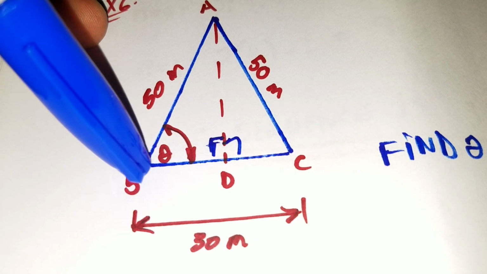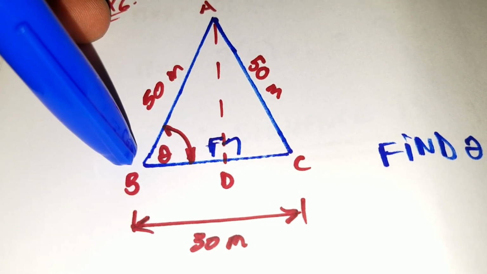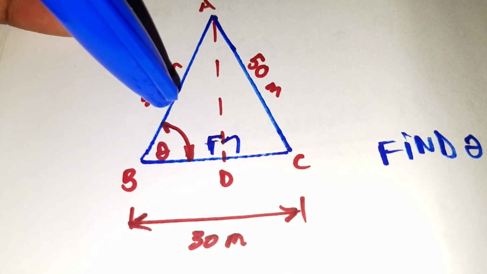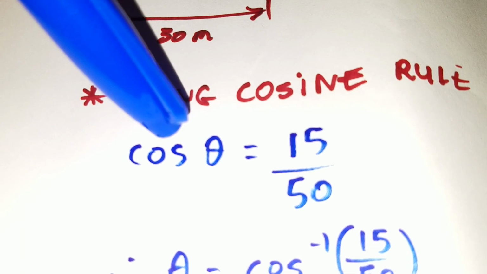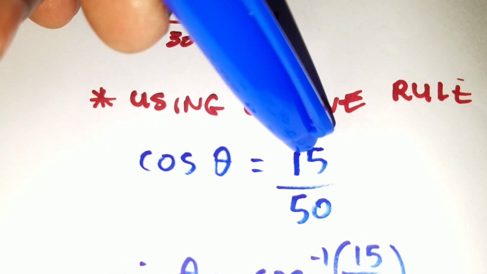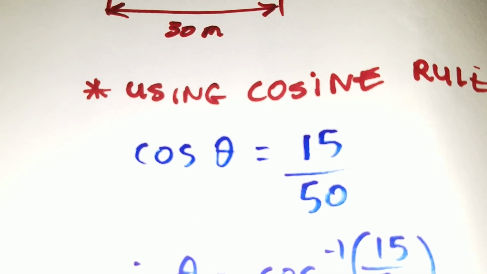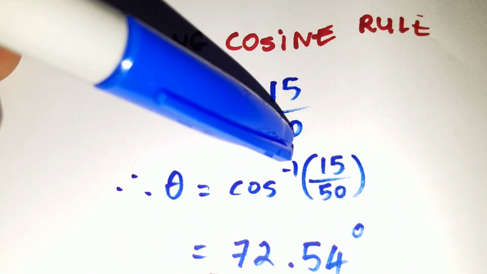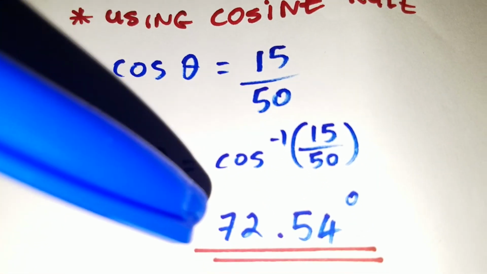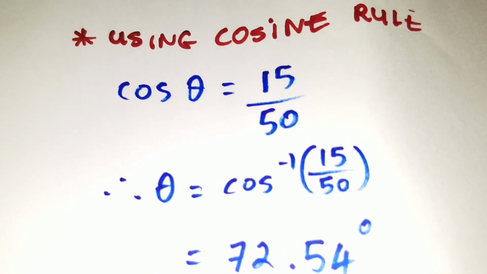So if we have BD being the adjacent to theta and 50 being the hypotenuse, as we already know, adjacent and hypotenuse would be cosine. So therefore, cosine of theta would be 15 divided by the hypotenuse of 50. So therefore, theta would be equal to cosine inverse 15 over 50, and that will give us 72.54 degrees.